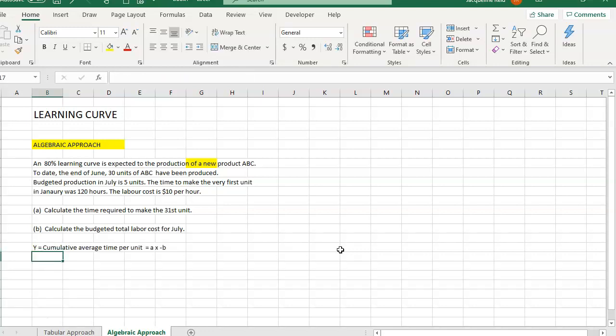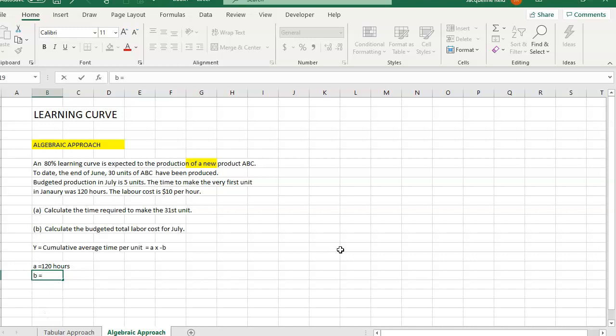All right, so the formula is very simple and the application of it is very simple. So in the question, we have a, which is 120 hours. We have b, and we were given the learning rate and not the decimal.